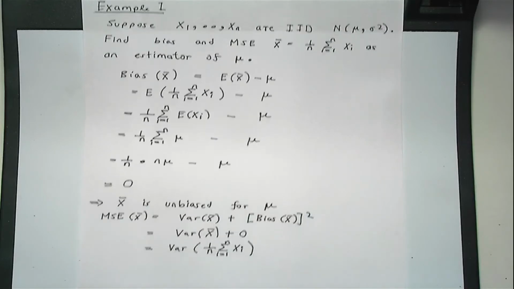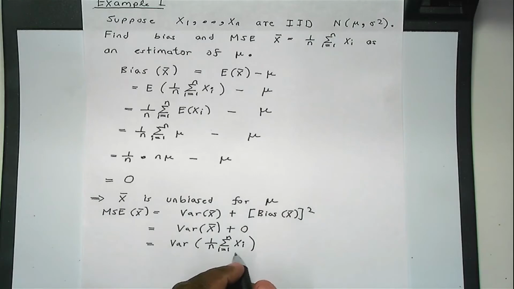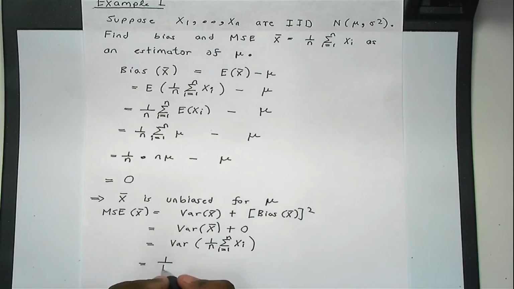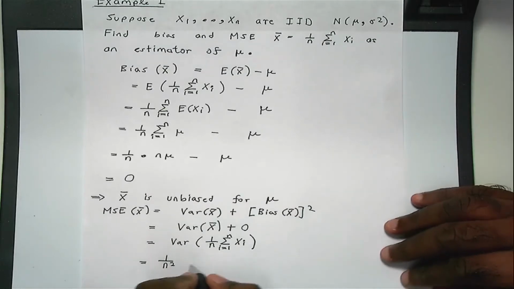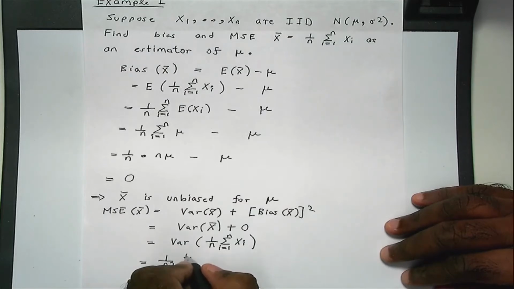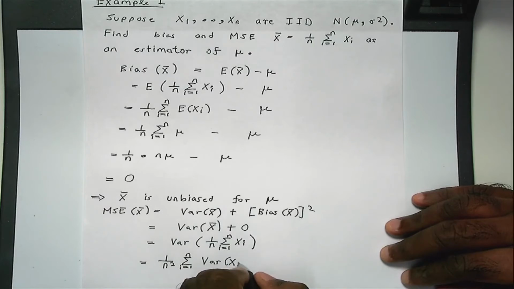Now taking the variance inside the brackets, you get 1 over n squared times the sum of variance of xi. Right.